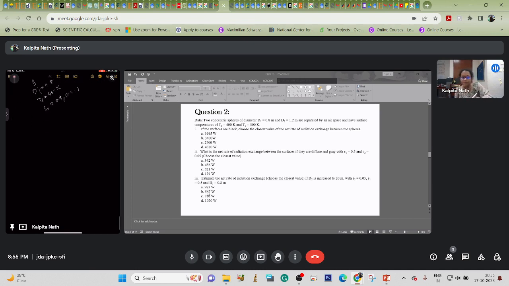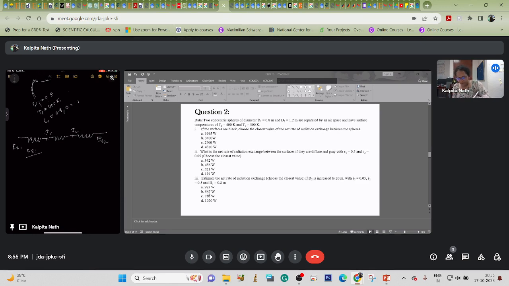For the first part we need to just form the resistance diagram. If we form the resistance diagram, this is Eb2, this is Eb1, this is J1, this is J2.